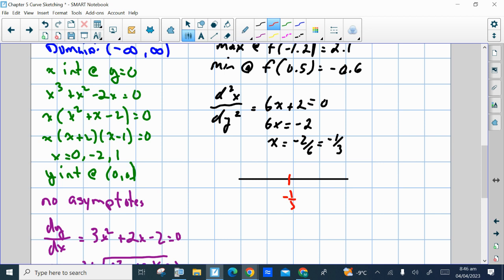So a number to the left of negative 1/3, like negative 1, the second derivative will be negative, which means it's concave down.